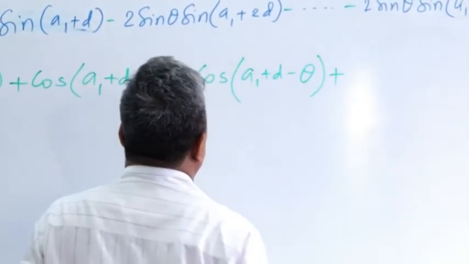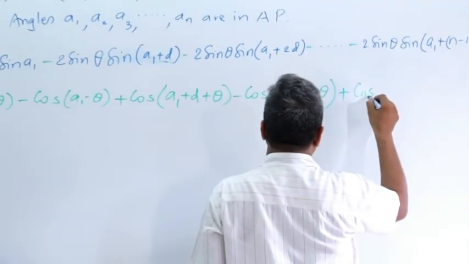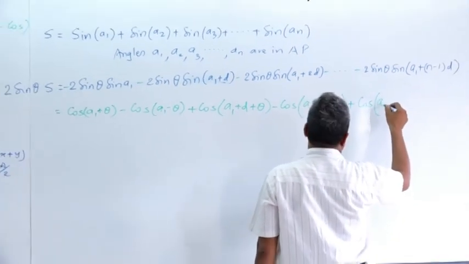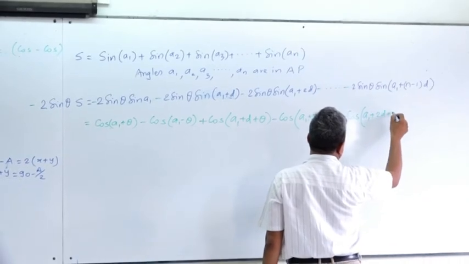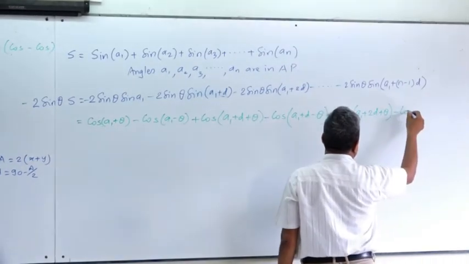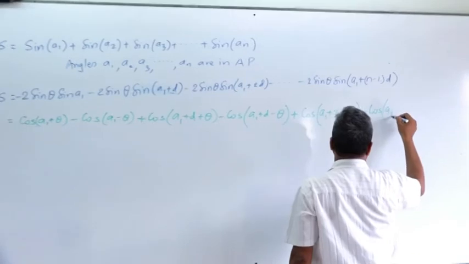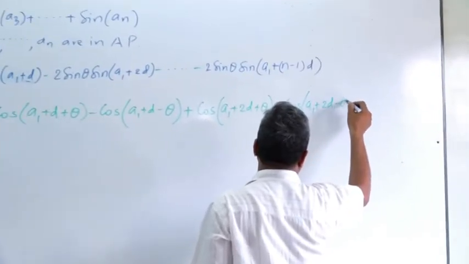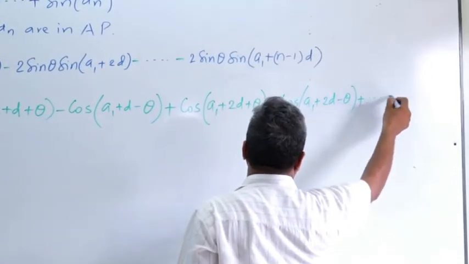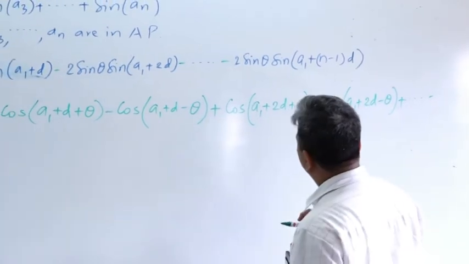Let us write one more: plus cos (A1 plus 2D plus theta) minus cos (A1 plus 2D minus theta) plus dot dot dot. What will be the last term?